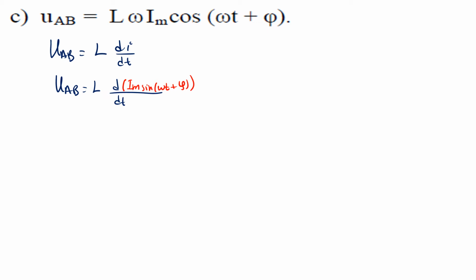Im is constant, so it becomes L Im, and the derivative of sine omega t plus phi will be omega cosine of omega t plus phi. So this is the answer.